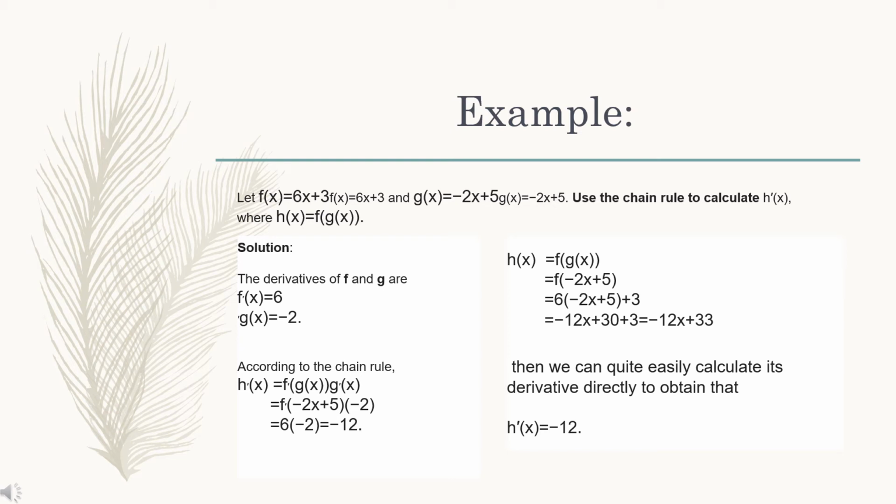Since the functions were linear, this example was trivial. Even though we had to evaluate f' at g(x) equals -2x plus 5, it didn't make a difference since f' is equal to 6, no matter what its input is. So in this case, if we calculate h'(x), the answer is -12.